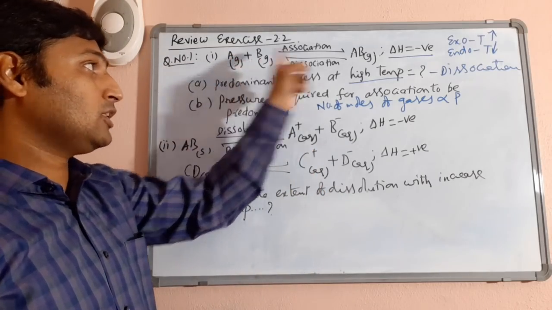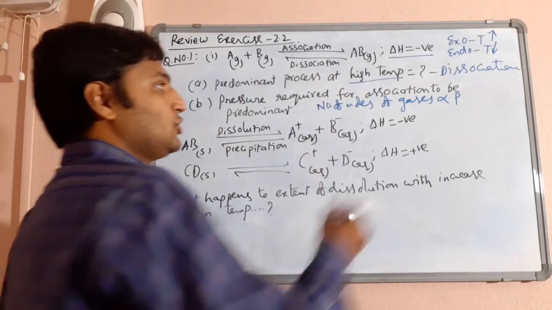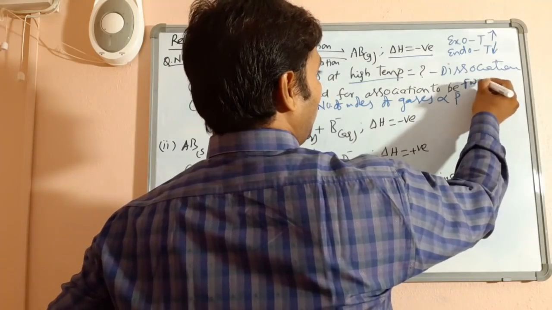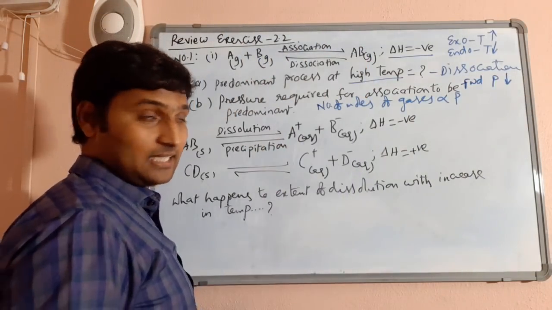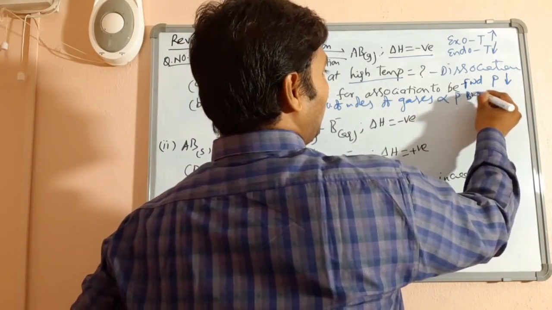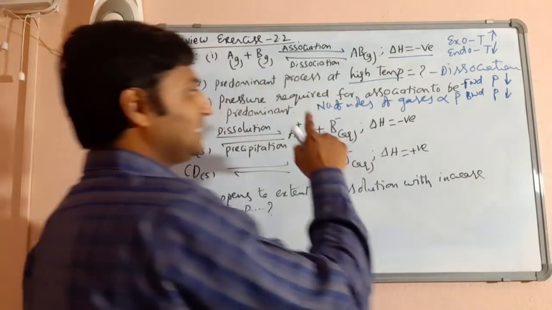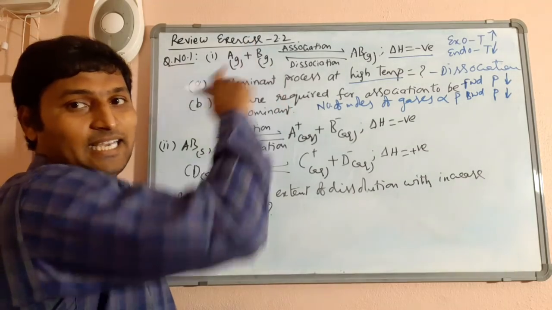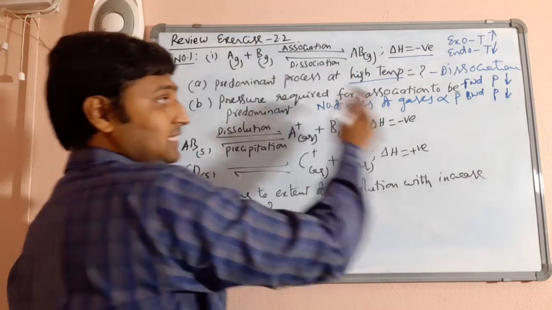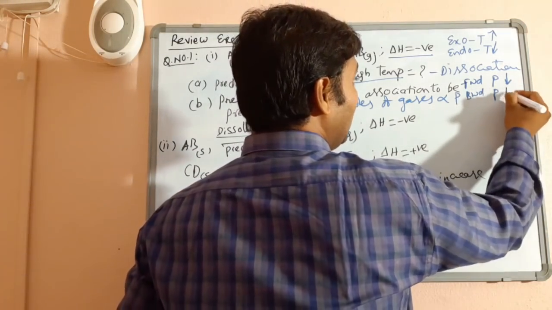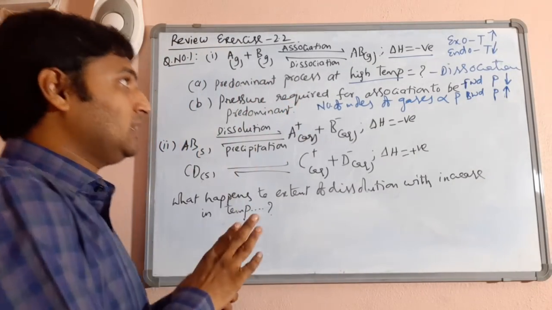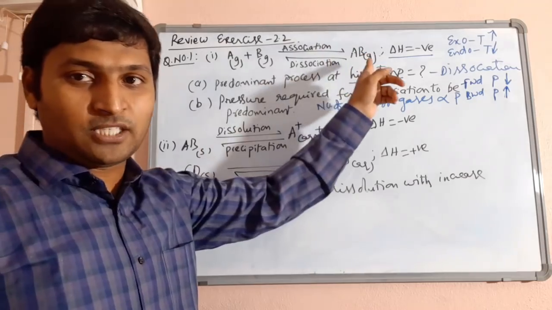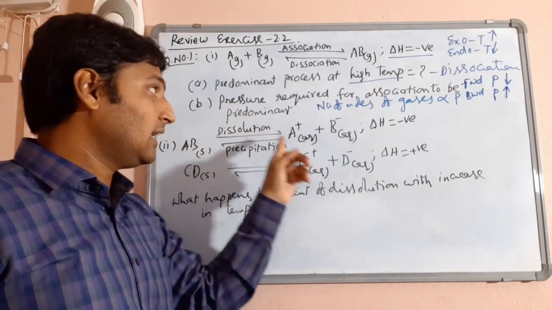Here, 2 moles of gas is becoming 1 mole. So in forward direction, pressure is decreasing because number of moles of gas is decreasing. In backward direction, number of moles of gas is increasing, that's why pressure is increasing. So that is internal.